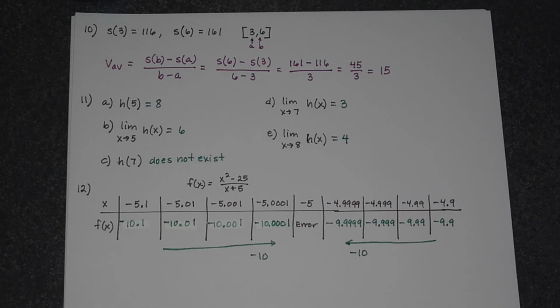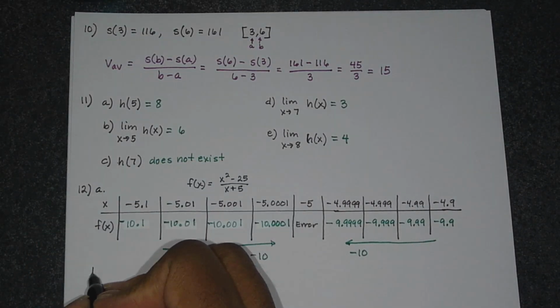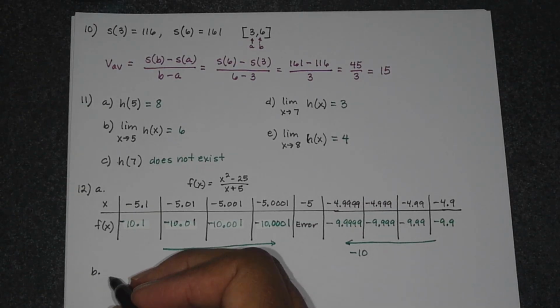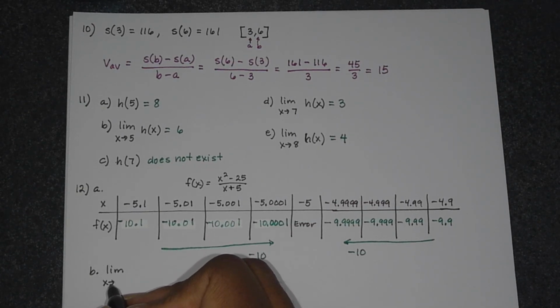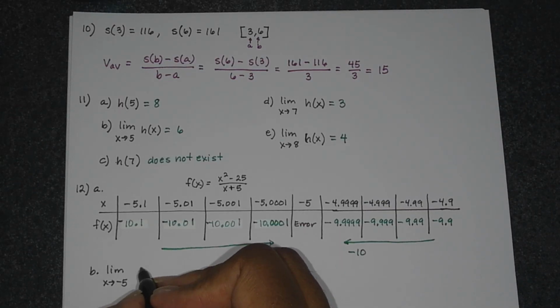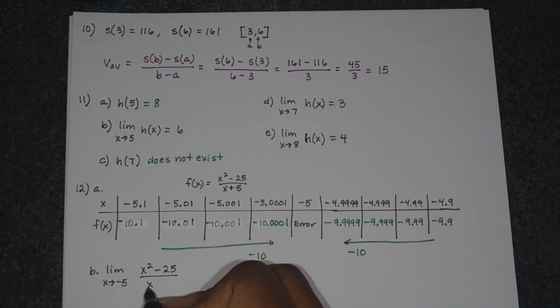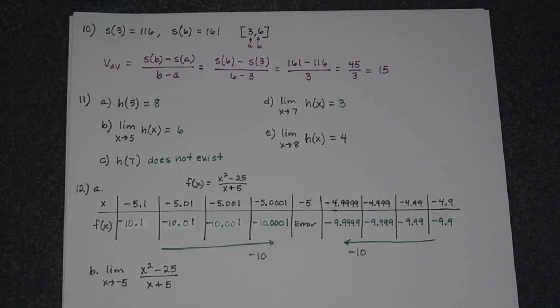So that means here, well, that table is part A. Part B, we want to find a conjecture about the limit as x approaches negative 5 of x squared minus 25 divided by x plus 5. What do you think that's going to be?